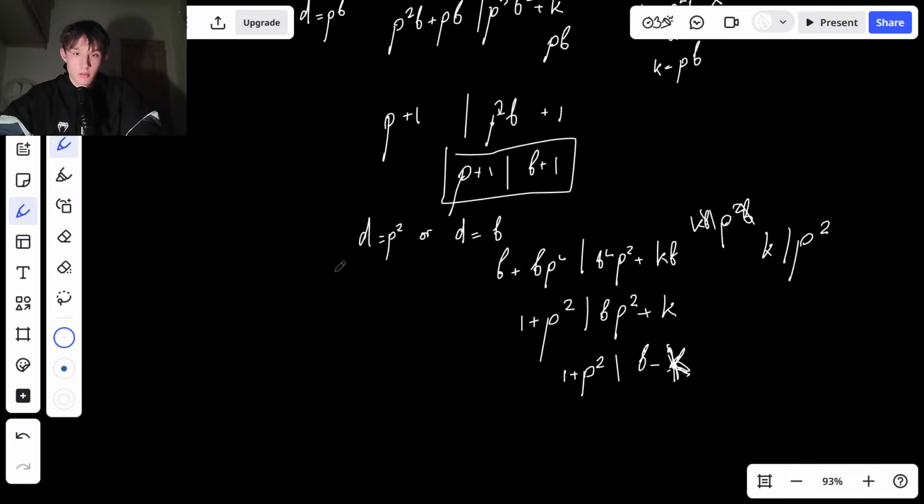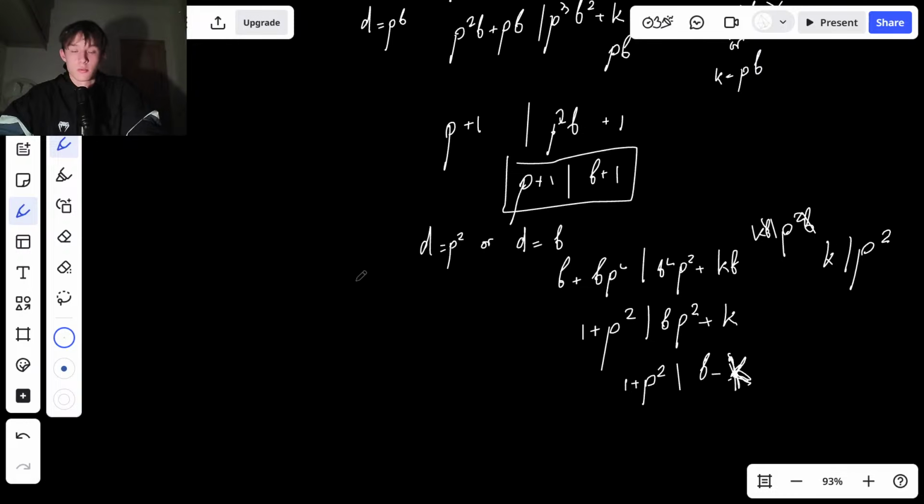Okay, let's just look at d equals b squared now. I think we can go much further. p squared plus bp squared should divide the product, which is p to the power 4 b, plus some number k, which should be divisible by p squared, so it's p squared t, and t should divide b.